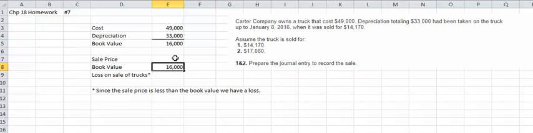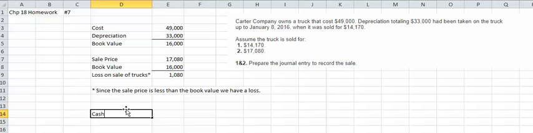So the book value is 16,000. Now we sold it for higher than book value. So if you sell it for higher than book value, we're going to have a gain. And how much is that gain? It's going to be the sell price minus the book value. So a gain of 1,080.